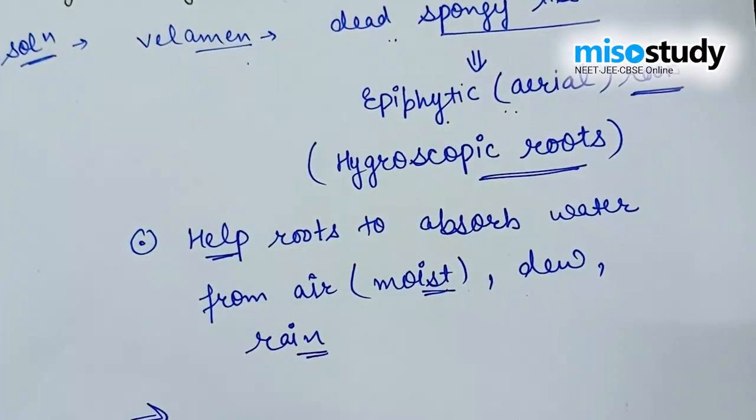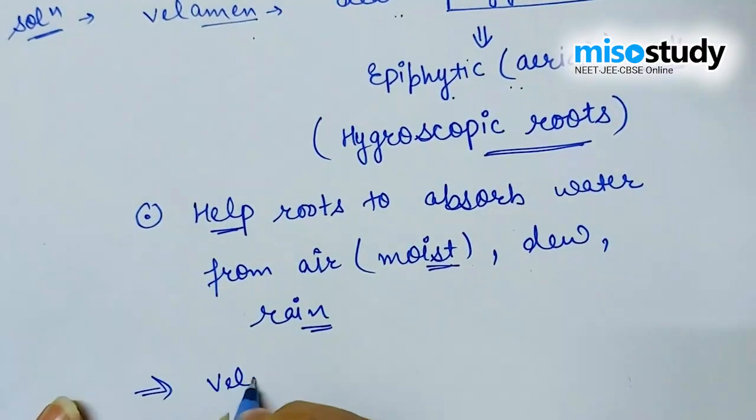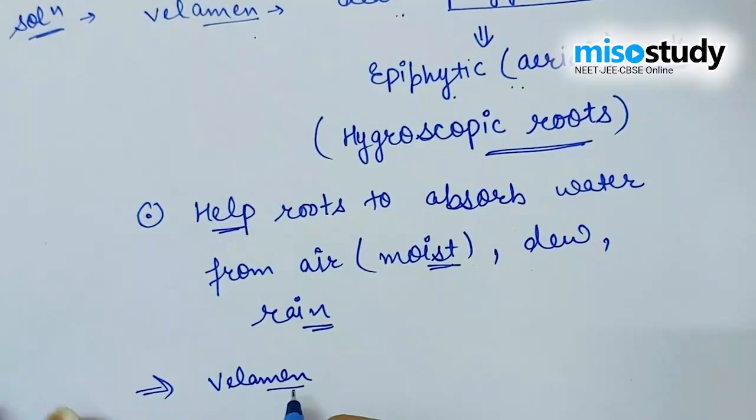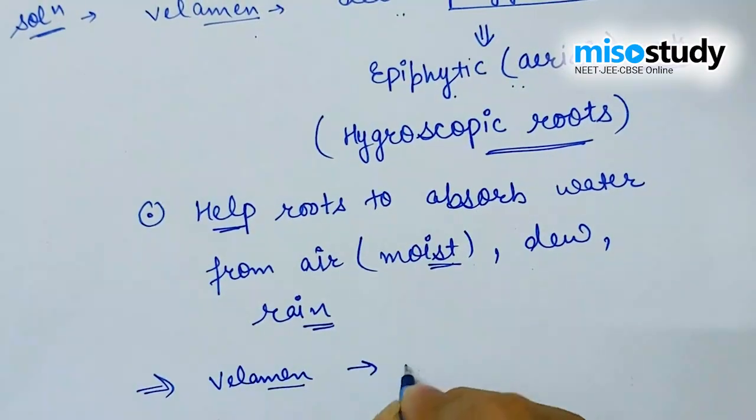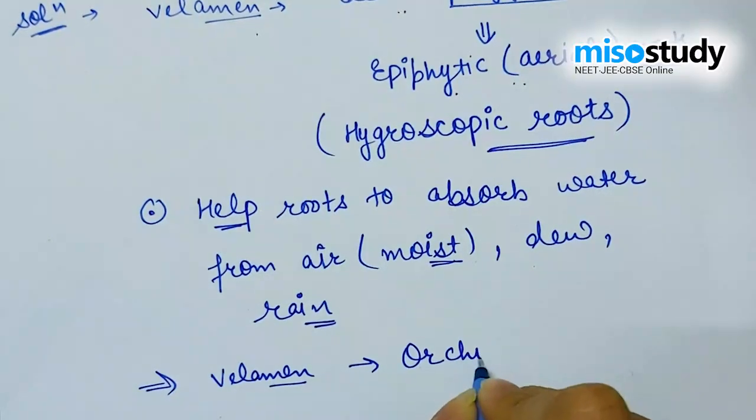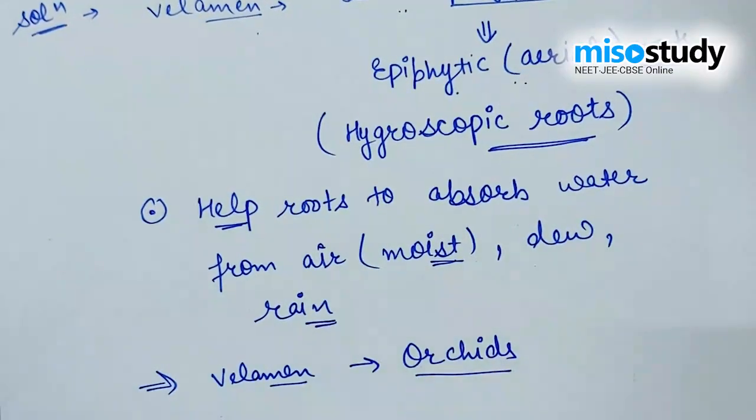In special, velamen is present in orchids as well.